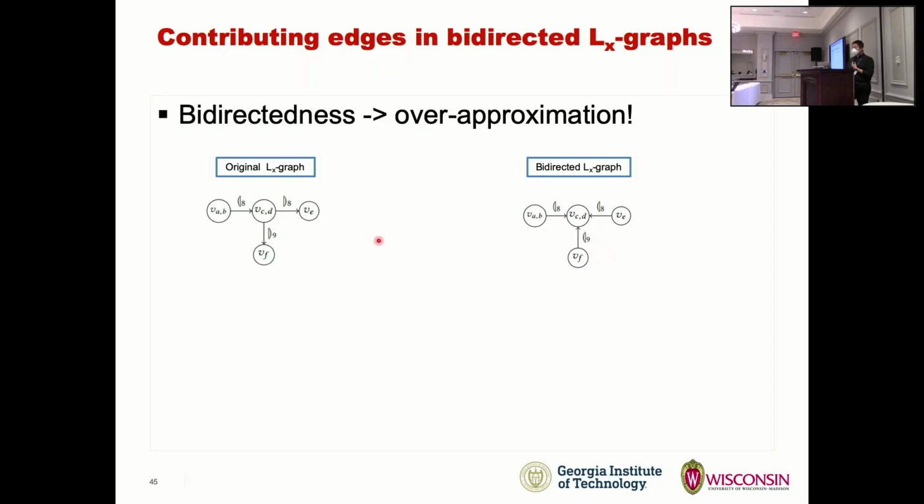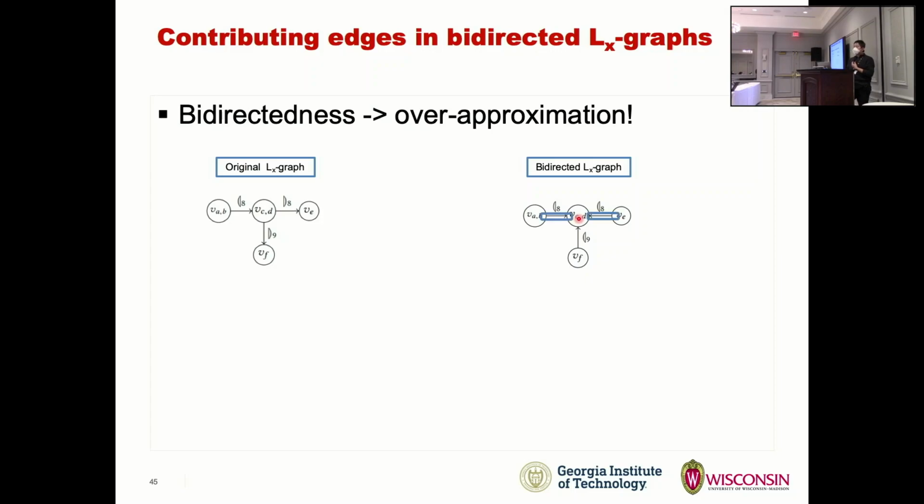In this case, all we need to do is just to flip the close parenthesis labeled edges, because every time we have two edges, right? So in this case, we have a close 8 from this node to that one. And in the bidirected graph, we will only show the open parenthesis labeled edges from C to this, from E to this big node.